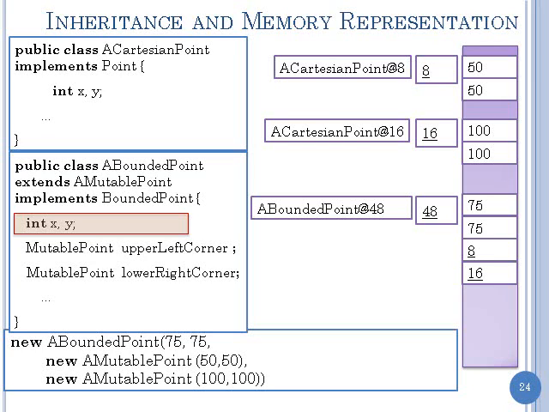So we want to have fun with Java, right? I have inherited variables x and y, and I have created in my bounded point x and y. Will Java allow this? And if it does, what are the semantics? So do these variables override the two variables? And what does override mean?